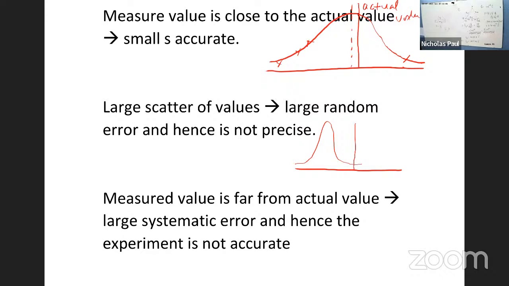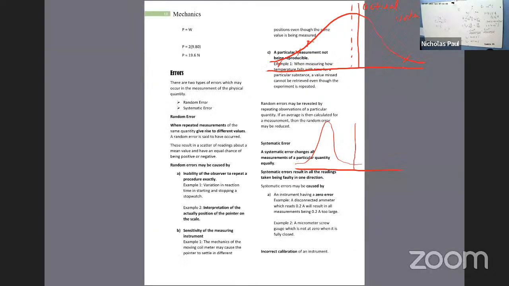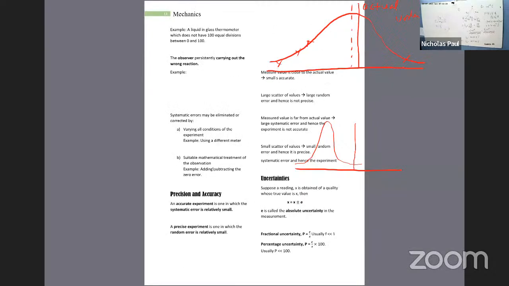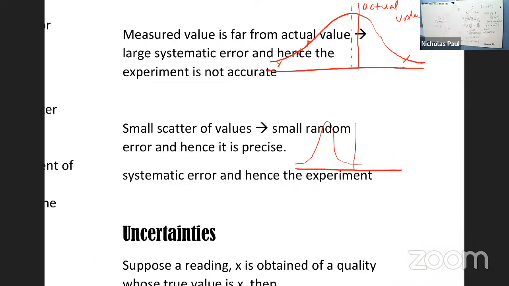Remember it has to have a small scatter. It's supposed to have a small scatter of values and a large systematic error, so it will look something like this.